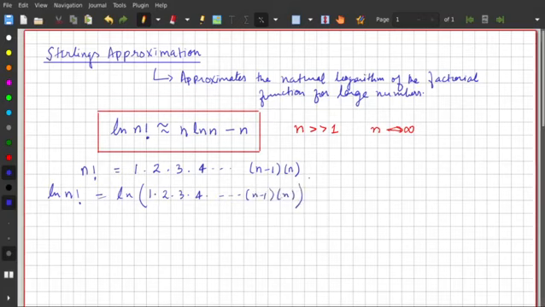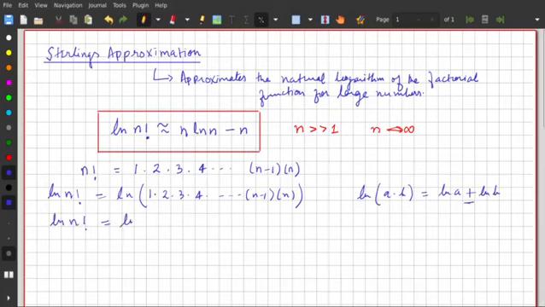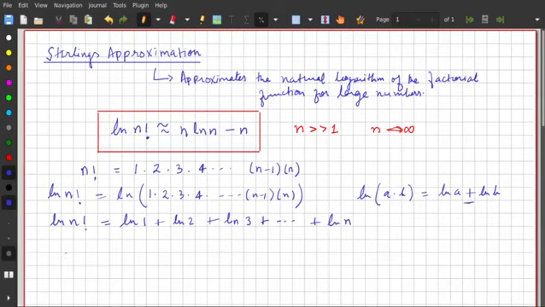Okay, and if we use the identity that the log of the product of two quantities is equal to the sum of their logs, the product becomes additive. So if we apply it for all the n terms, we can write log of n factorial equals log 1 plus log 2 plus log 3 plus dot dot dot log n, or we can write this in a summation notation.